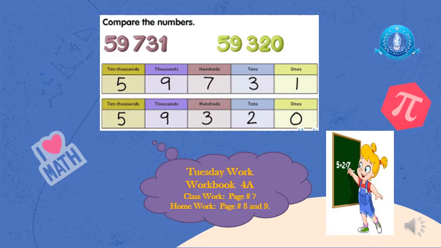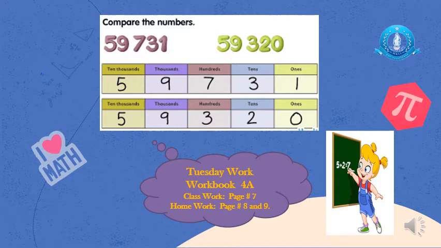Look at the first digit. It is 3 in both, the same. So now move towards the second digit. The second digit is 7 and the second digit is 2. So which one is smaller? 3726. So what will come in third place? 3726, and in the last box what will come?